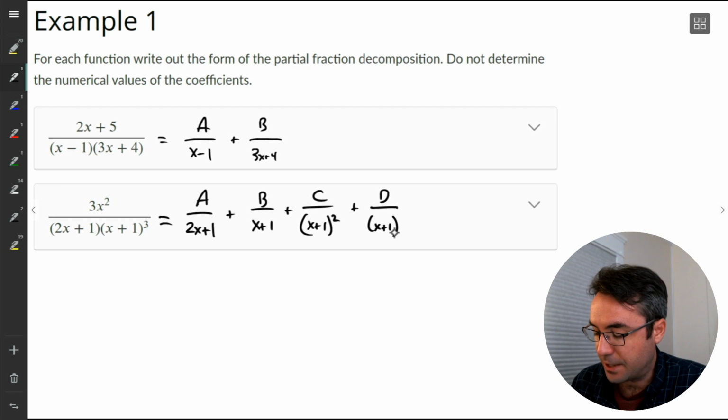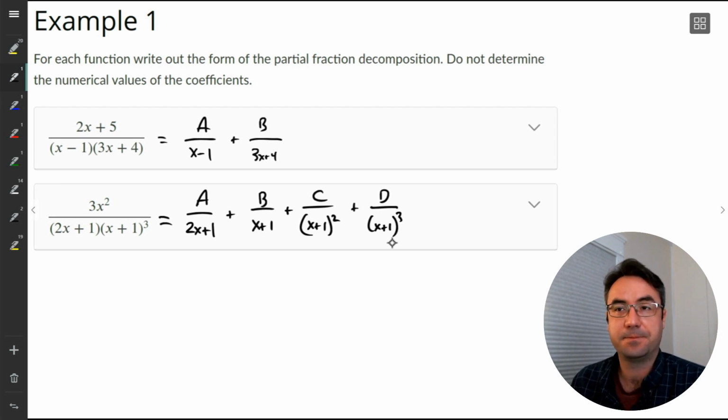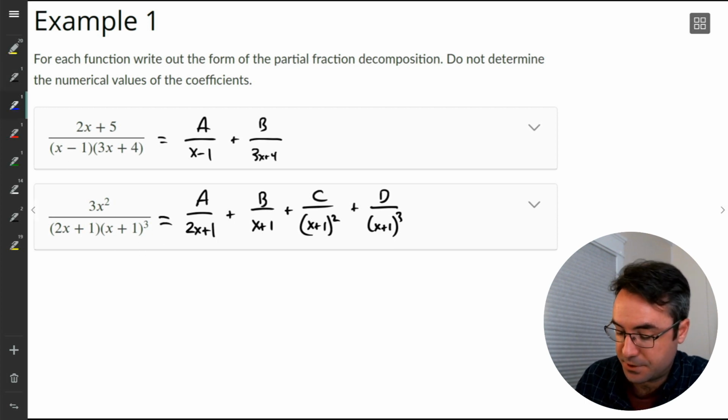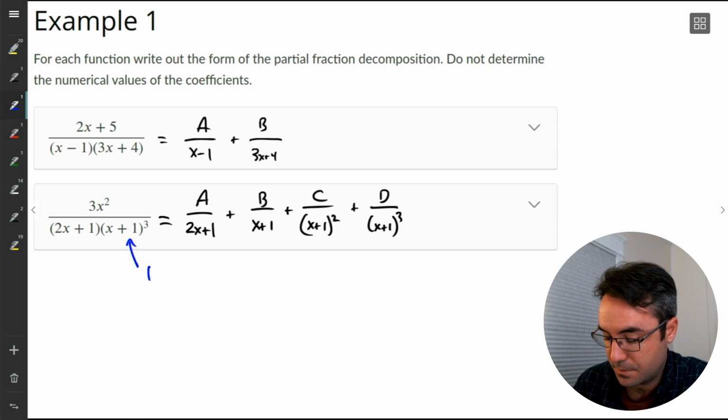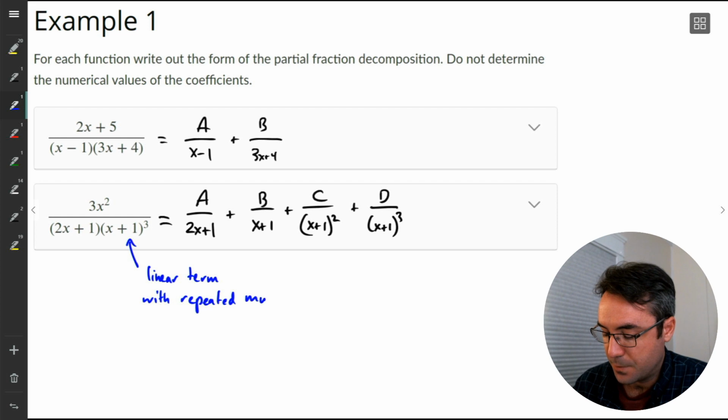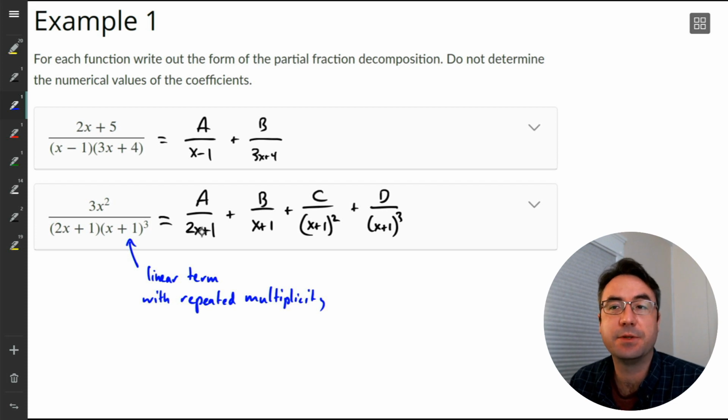So we're getting a new fraction for our x plus 1, but now this one's going to have a power of 3. So when we have these linear terms with repeated multiplicity, we have to handle those a little bit differently than a linear term that just happens once.